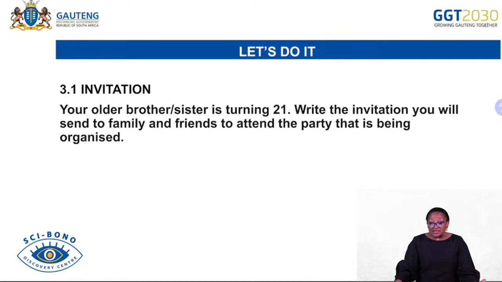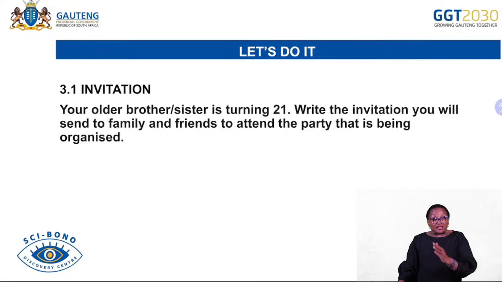Then you've got to write the invite and send it to family and friends. Nice. Then you say, okay, I'm going to choose my brother or I'm going to choose my sister. Meaning that throughout your invite, if there's anything that you would love to write referring to your brother, you cannot mix them.